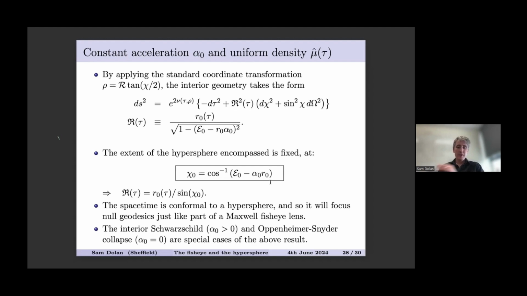And so what I'm saying here is that we now have a wider family of collapse models with constant acceleration, and that family includes the interior Schwarzschild solution, where the acceleration is sufficient to keep the radius constant, and it also includes the Oppenheimer-Snyder collapse, where the proper acceleration is 0 and everything just falls along a radial geodesic. So we can now interpolate between those cases.